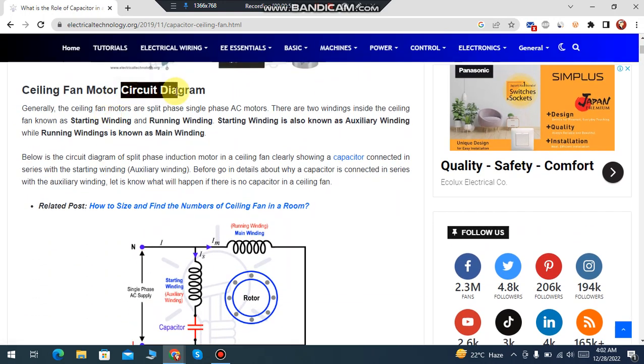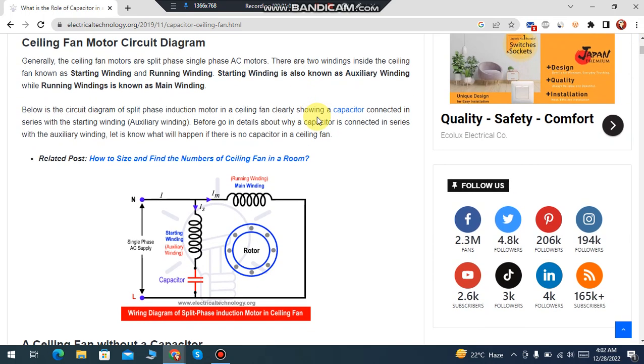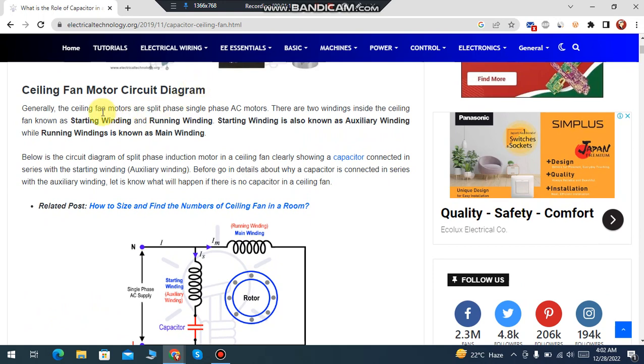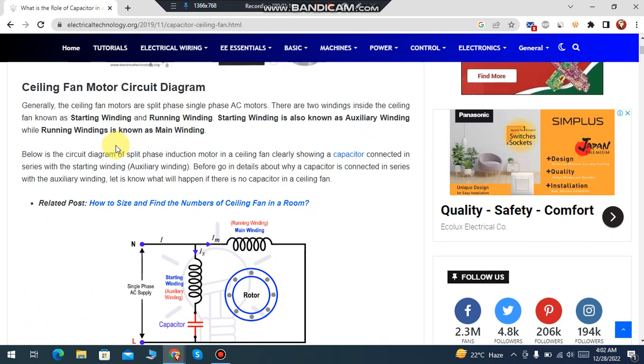Ceiling fan motor circuit diagram. Generally, ceiling fan motors are split phase, single phase AC motors. There are two windings inside the ceiling fan, known as the starting winding and the running winding. The starting winding is also known as the auxiliary winding, while the running winding is also known as the main winding.